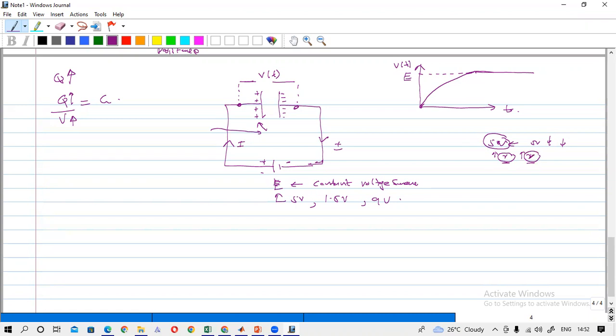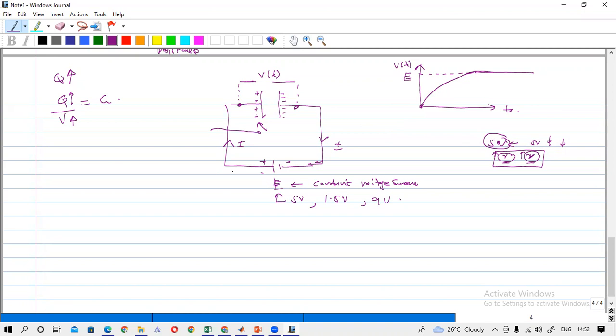Now we will just ignore this, and we say that it comes up to the battery voltage level, but it is not true. It is somewhat below the battery voltage. So it is charging like this.